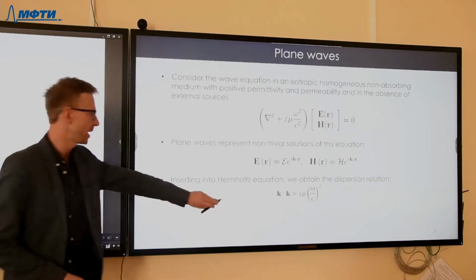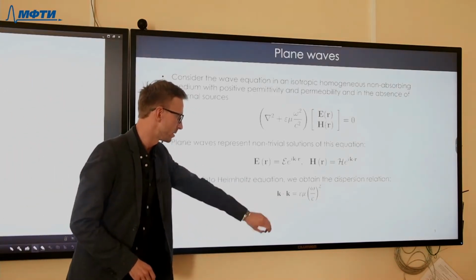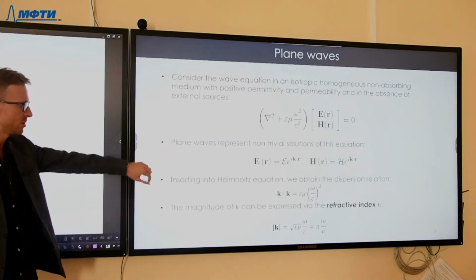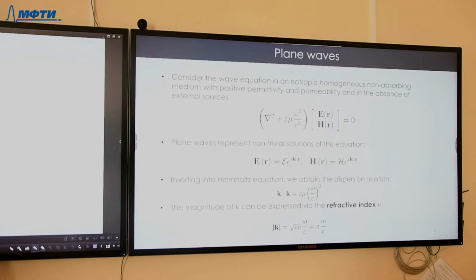So this is a scalar, the dot product, the scalar product. And this is a very simple expression. From this expression, you can express the magnitude of the wave vector by taking simply the square root, if we assume that the wave vector is real valued. So at this moment, let us assume that k is a certain vector in a three-dimensional space whose elements are real valued quantities.